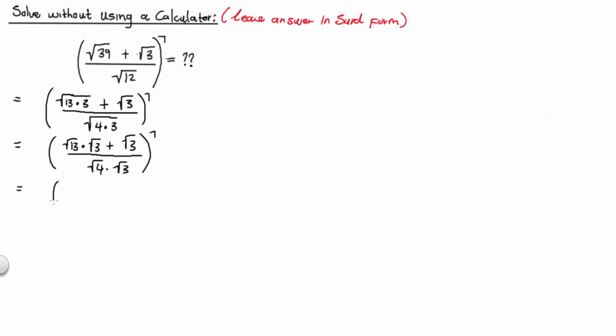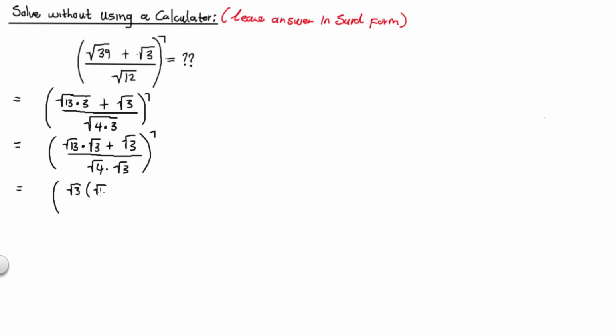So the square root of 13 is just the square root of 13. The square root of 3 is also the square root of 3, right? So the square root of 3 and the square root of 13 are going to simplify further. However, the square root of 3 is a common factor, so we're going to take it out. We're going to take out the square root of 3 as a common factor.